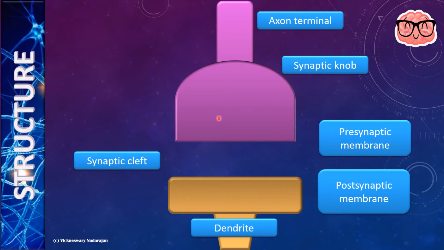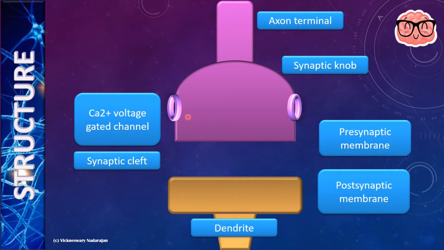The membrane of the synaptic knob also has channel proteins. This is known as the calcium ion gated channel. You can also call it calcium ion voltage gated channel. Its function naturally is to transport calcium ions. Inside the synaptic knob, there are two types of organelle.